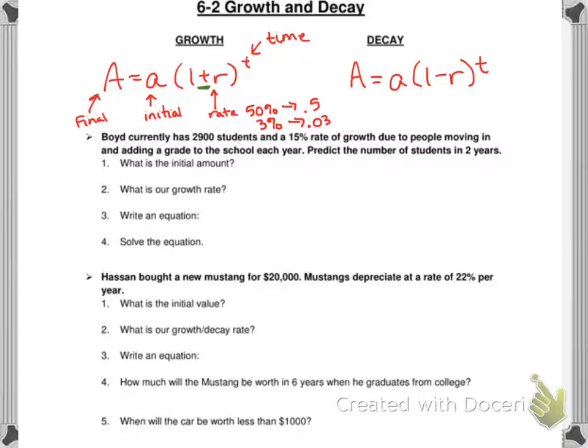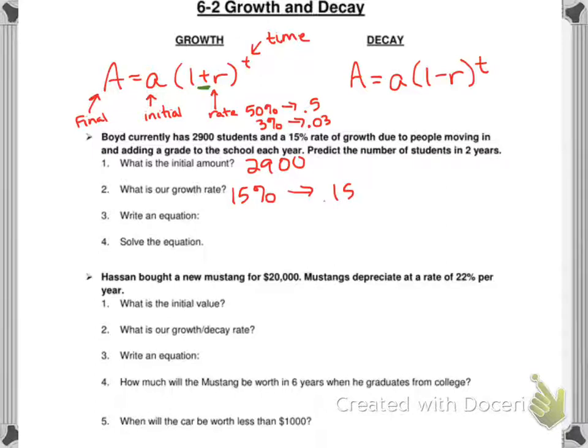So Boyd currently has 2,900 students at a 15% rate of growth due to people moving in and adding grade levels each year. Predict the number of students in 2 years. Okay, so the initial amount is 2,900. Our growth rate is 15%, so I'm going to write that as 0.15.